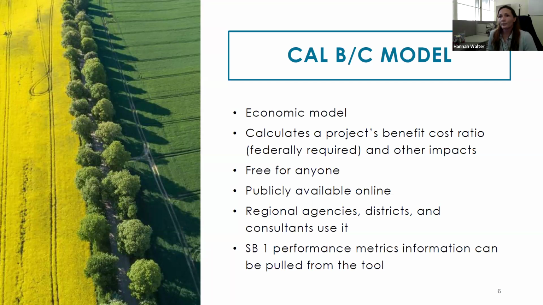It's free, and that's really good because a lot of the tools out there that people would have to use to calculate some of this otherwise are not free. It's publicly available online. Anybody can access it. The regional agencies, the districts, and the consultants all use it, and they're all familiar with it. So that is one benefit that it has. And then, as we've discussed, you can pull some SB1 performance metrics information from the tool. Next slide, please.